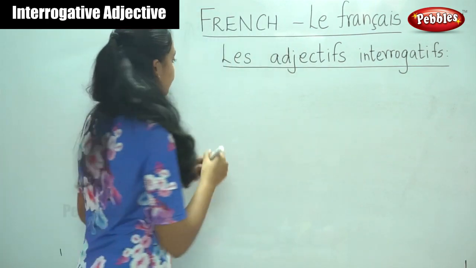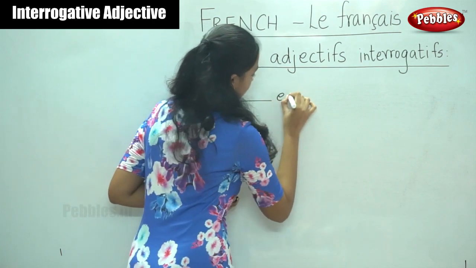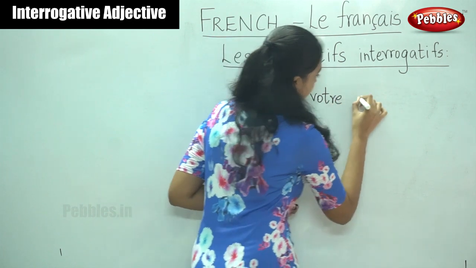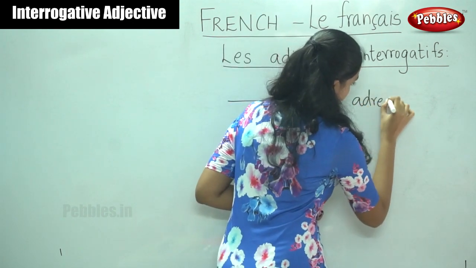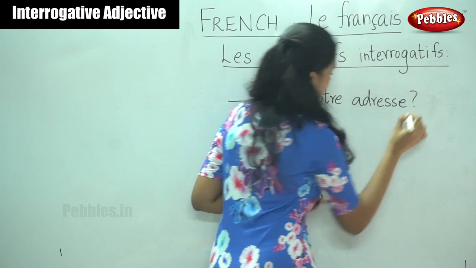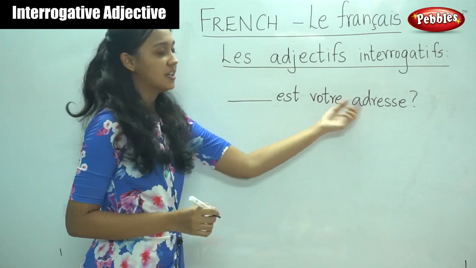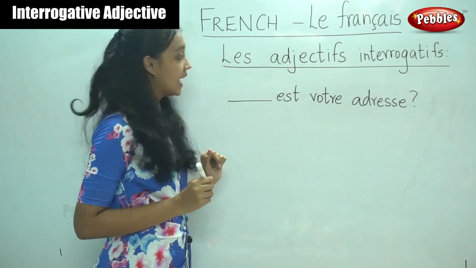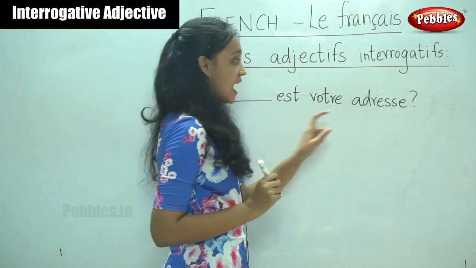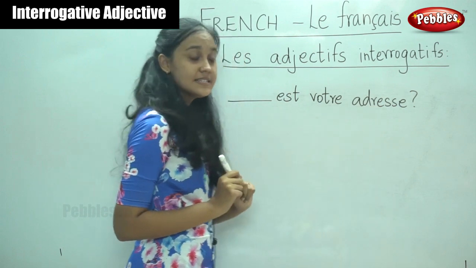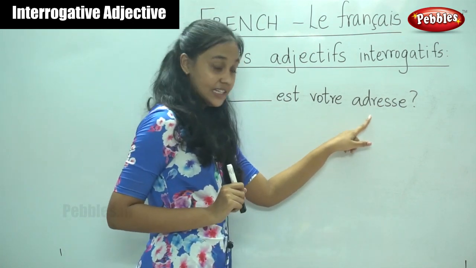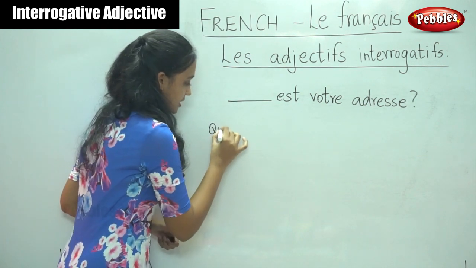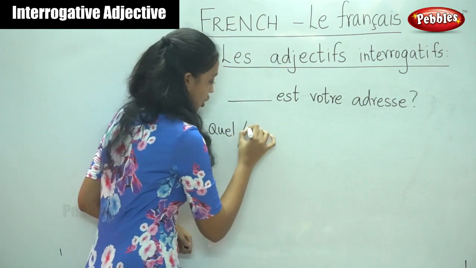For example, quelle est votre adresse? Now, what is a noun in this sentence? Yes, it is address. And in what form is it? It is in the feminine singular form.